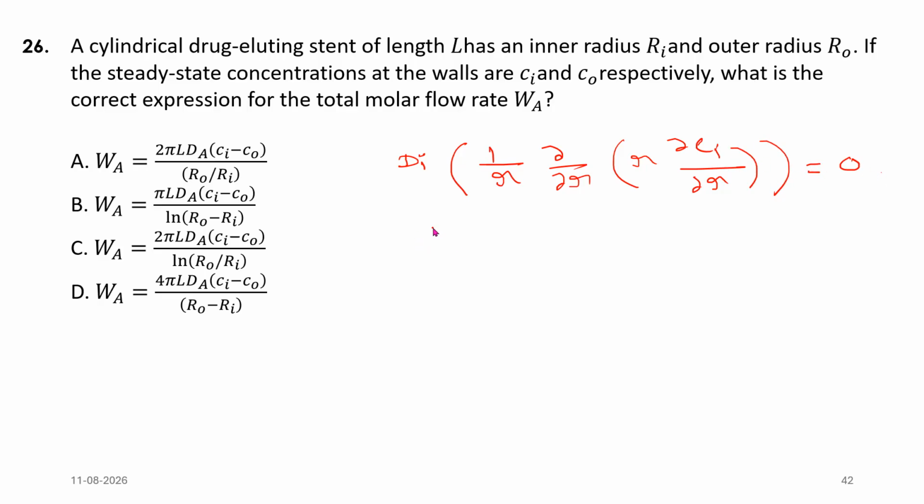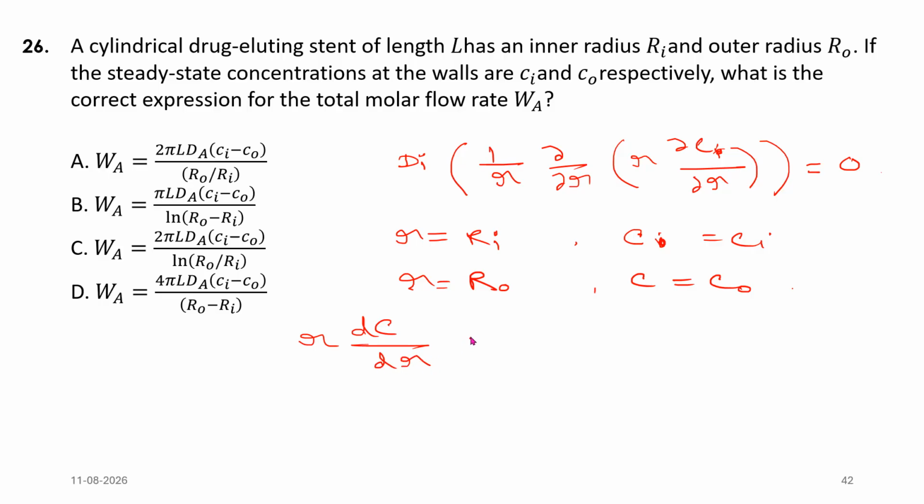At r equals Ri, it is Ci, and at r equals Ro, C equals Co. If you solve it, it comes as r dC/dr equals A, which is a constant.